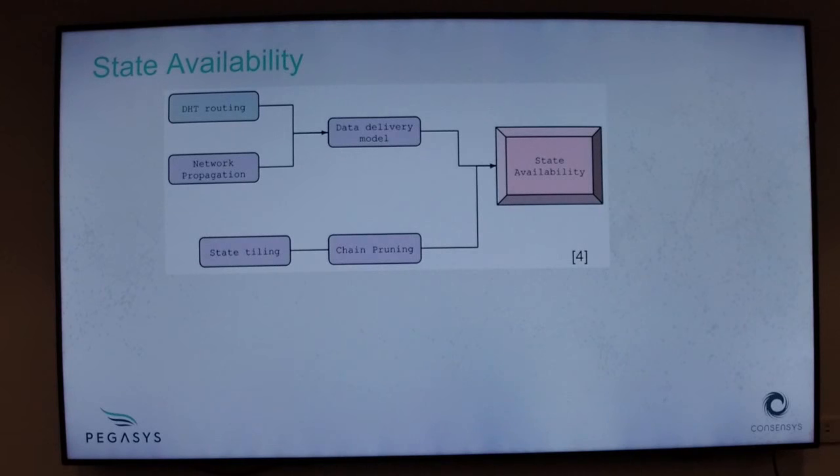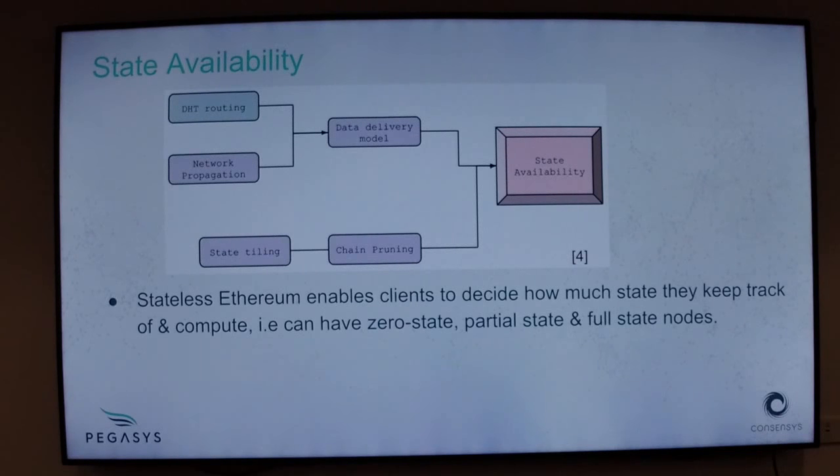Now, the other key milestone is state availability, and there's a lot of work going into this. How is state available to you if you're not storing state, and how's it being provisioned, who's storing state, all those sort of questions. So that's a really interesting aspect of stateless.